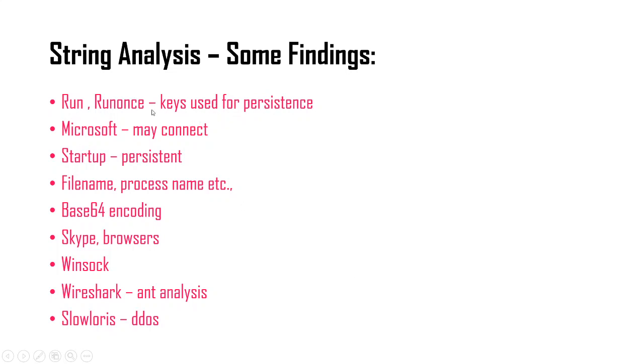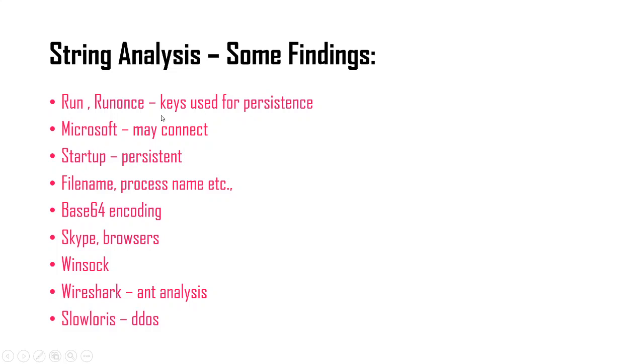These keys are strings we found in the malicious file. This key is used for a persistence method, for the particular malware to persist in a particular system. While rebooting the system, every reboot it enables its presence and starts its process. So that is the key used for the persistence method.